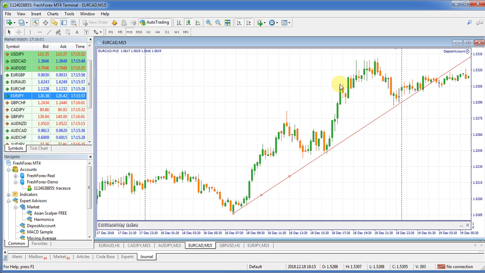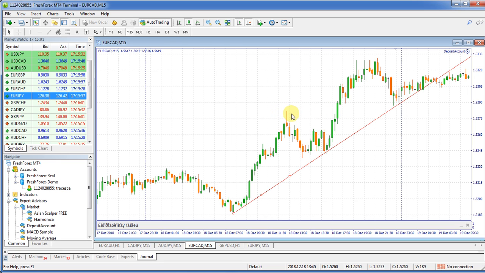You might put your take profit here or above it, but usually it's good to count the height here. Then to place a take profit, you have to be aware of this point, anything above this line.